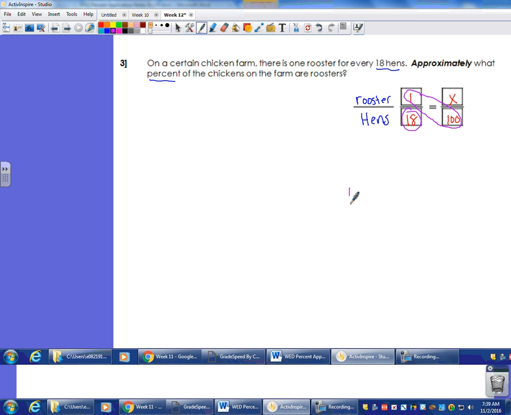So 100 divided by 18. 18 can't go into 10, but 18 can go into 100. How many times do we think? I have no idea, so let's try 7. Then let's try 8. That's way too much. So it's probably going to be maybe 6. Nope, too much.